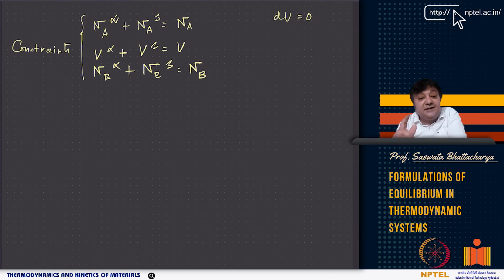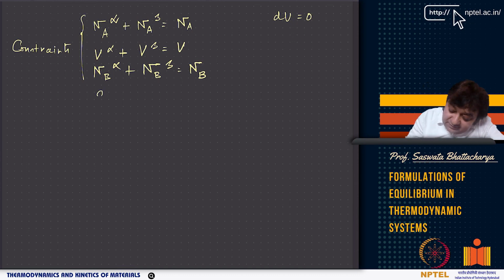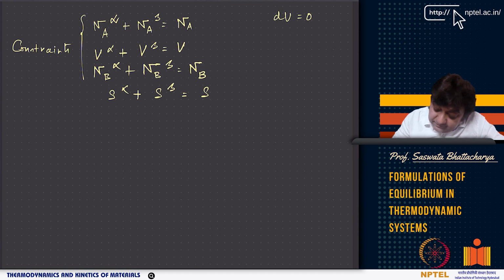Now, instead of writing u alpha plus u beta equals u and saying u is constant, when I write du equal to 0, it becomes S alpha plus S beta equals S, which is fixed for the isolated system.